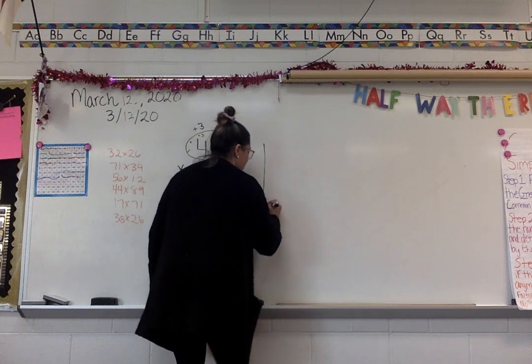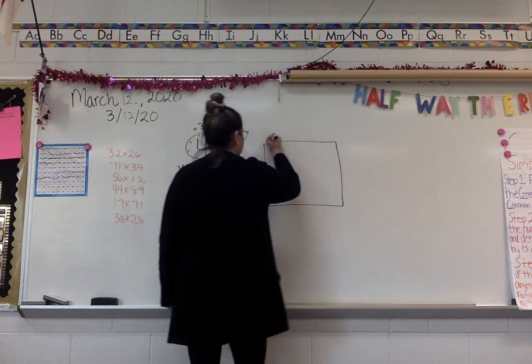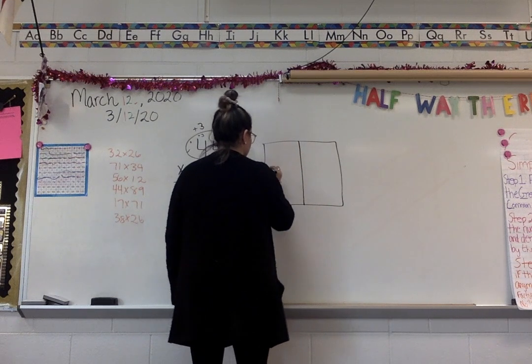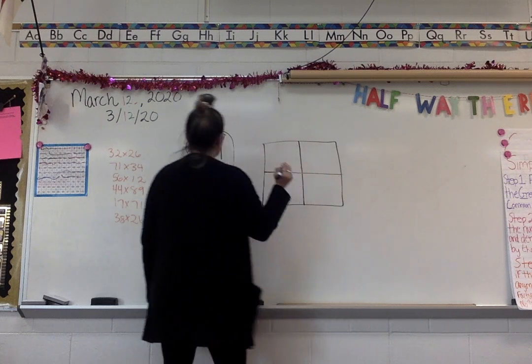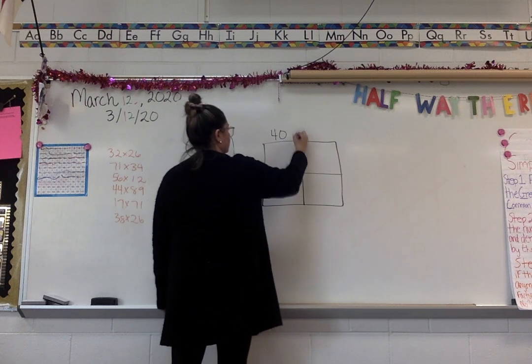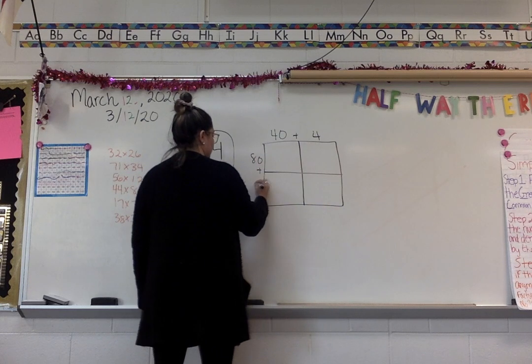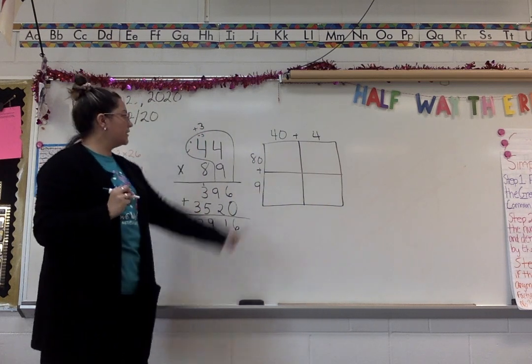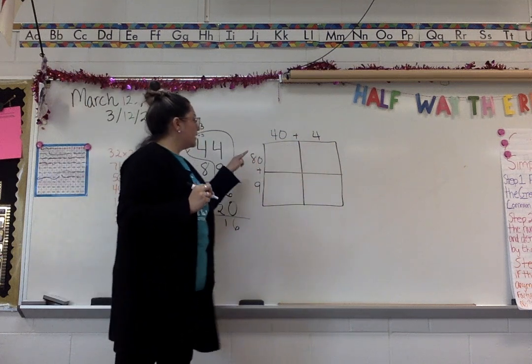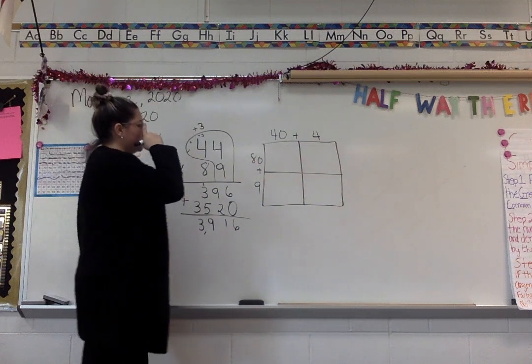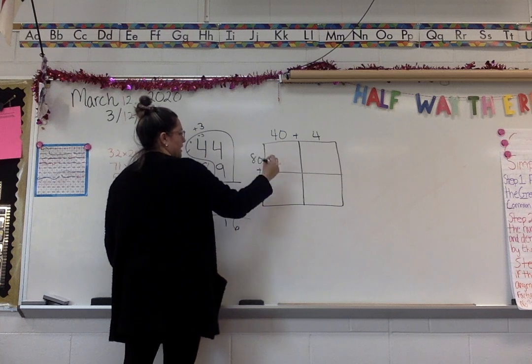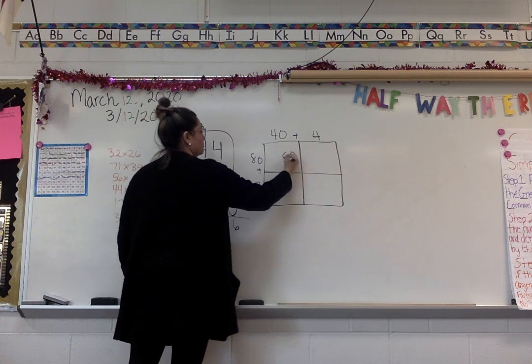Okay, so we'll move over to doing area model. 40 plus 4 and 80 plus 9. Okay, so again, 40 plus 4, 80 plus 9. So first, 80 or 40 times 80, I see 2 zeros, boom, boom.